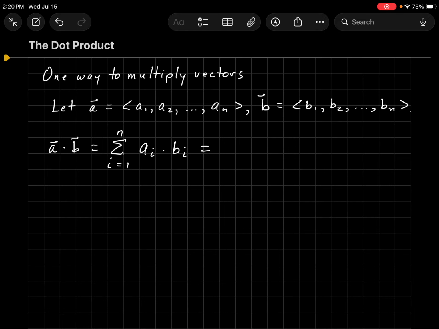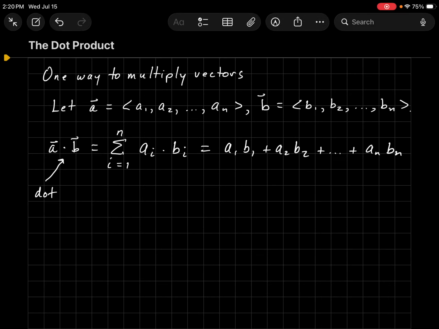Then A dot B, that's a dot right there, A dot B is the sum, i equals 1 to n, of Ai times Bi, meaning A1 B1 plus A2 B2 plus, and we keep going till we get to the final component, plus An Bn.